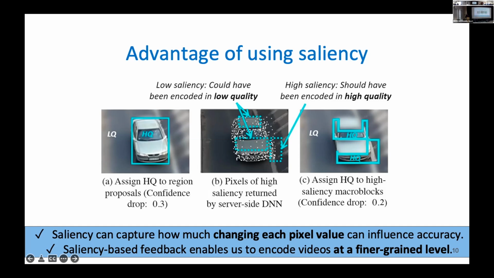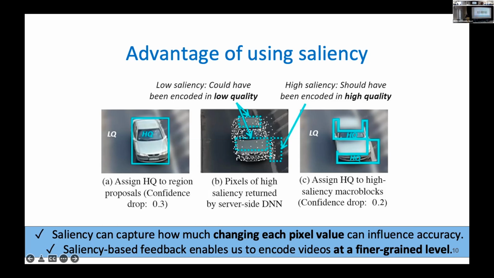This is something not captured in the existing region proposal-based feedback, if we take a look at figure A here in the slide. So saliency is able to better capture the pixels that we need to encode in high quality. Otherwise, there would be a heavy performance penalty here. The second point is that saliency-based feedback enables us to encode videos at a finer grain level, in other words, at a macro block level instead of at a region proposal level.